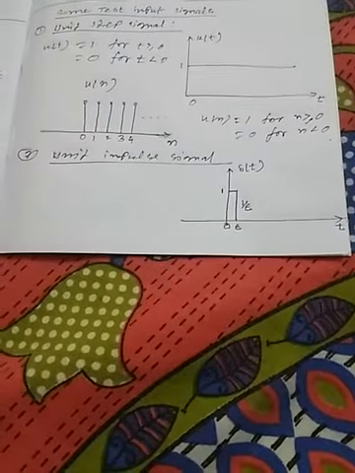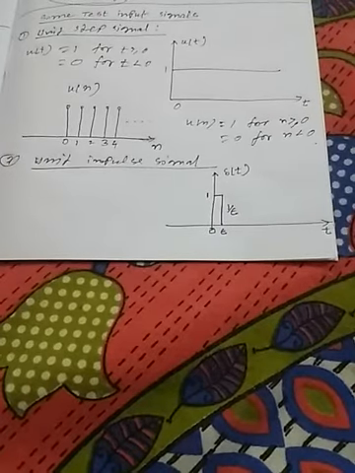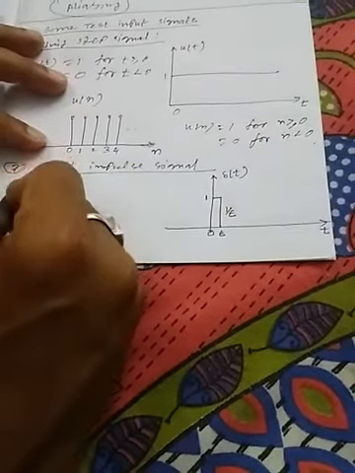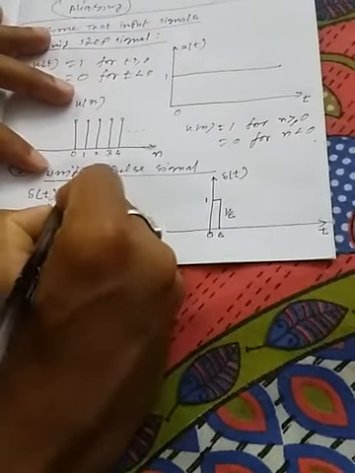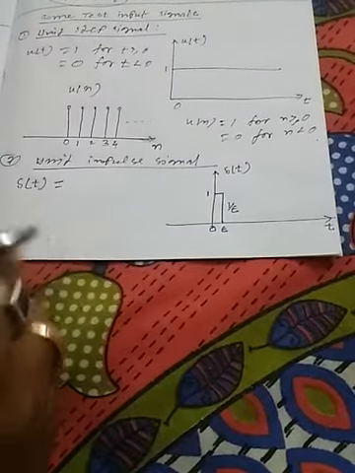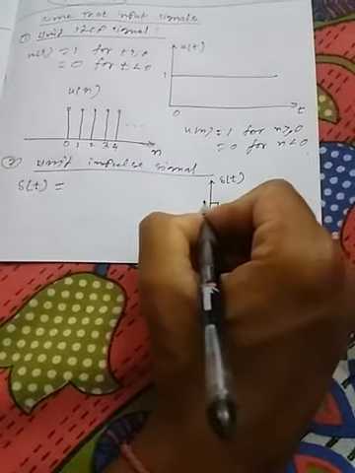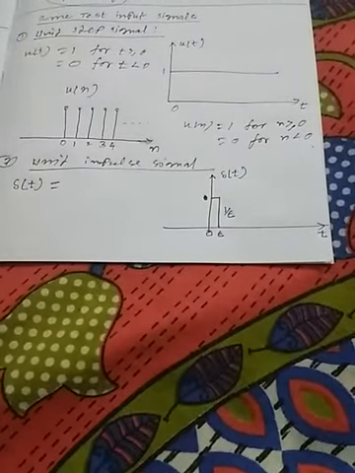Now delta(t) can be defined as delta(t), sorry, this magnitude is not equal to 1. This magnitude is 1 by epsilon.